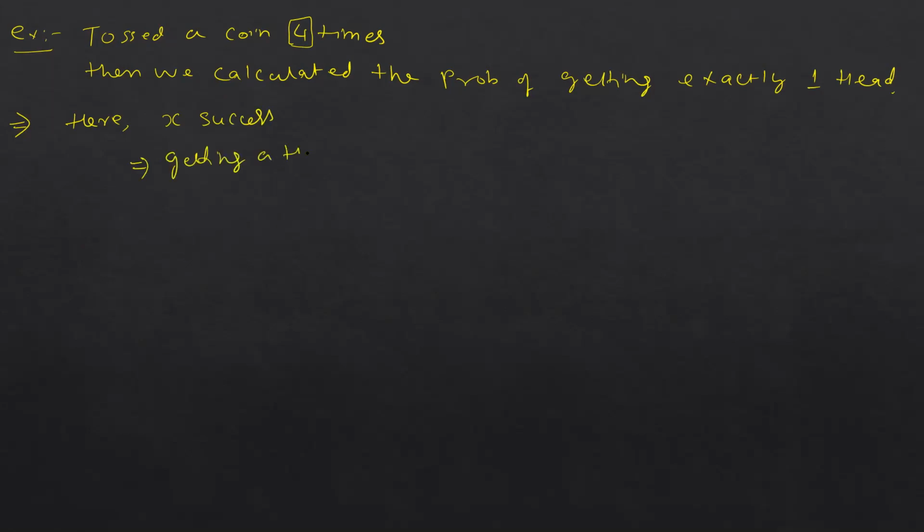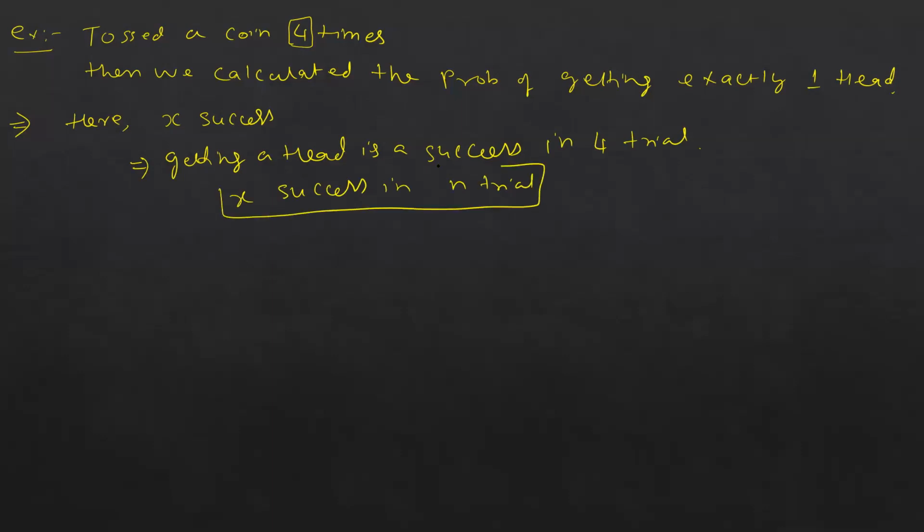So getting a head is a success for this problem, and we have X successes in n trials. This was a clear-cut example of binomial distribution. Then we directly wrote P(x) = nCx p^x q^(n-x).